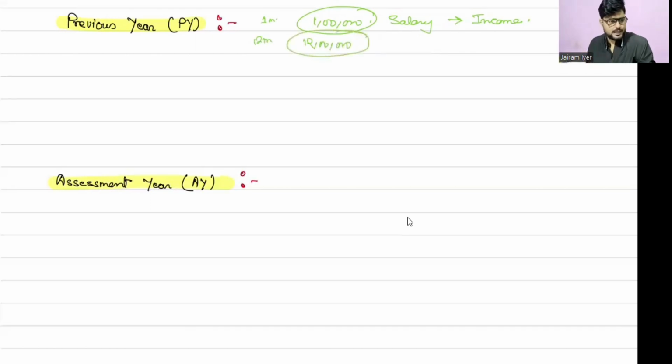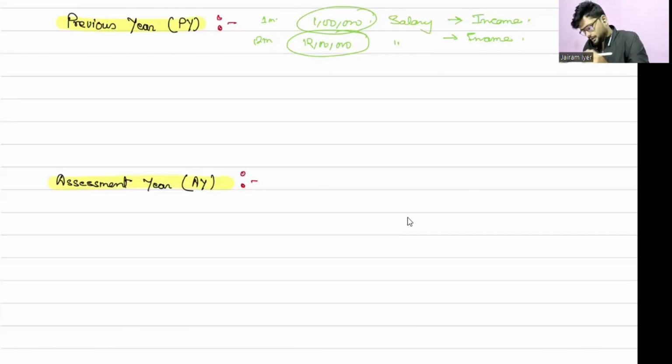So this 12 lakh is the salary and this is our income. Is it necessary that her salary will be 1 lakh rupees the whole year, or can it increase or decrease a bit anywhere? Definitely it can change at any point of time.